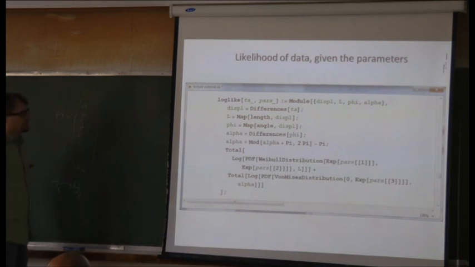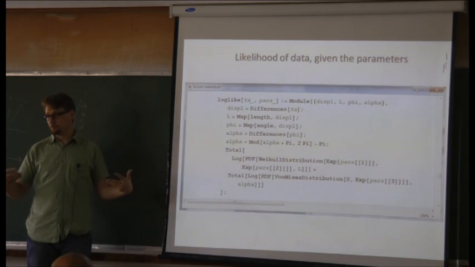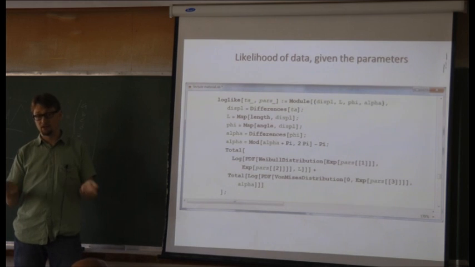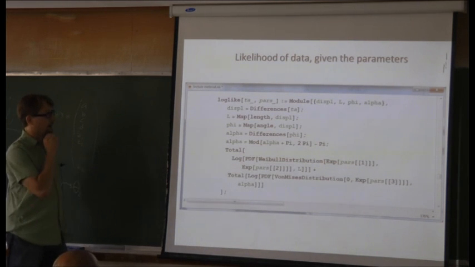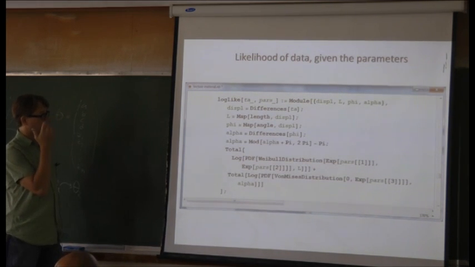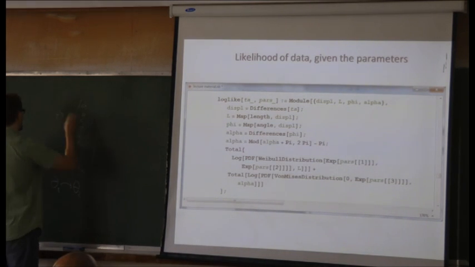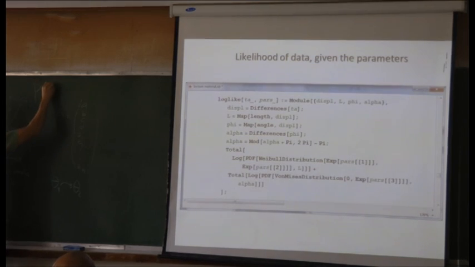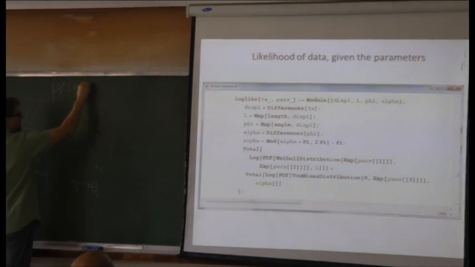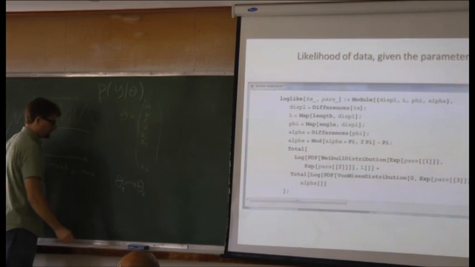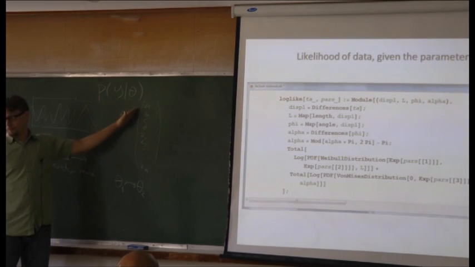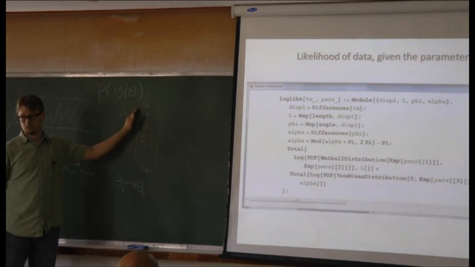Next we have to write down the expressions for all those components that I was talking about, the likelihood of the data and the prior. So this is my expression for p(y | theta), the likelihood of the data given the parameters.